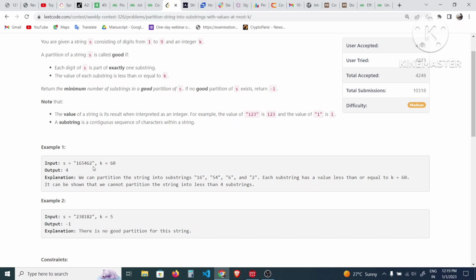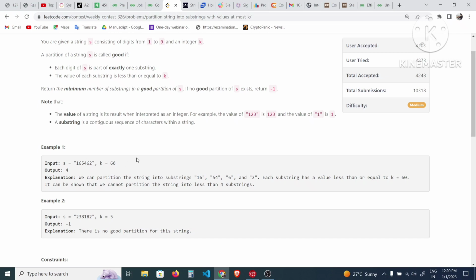Here you can see, we will take 2, and 2 is smaller than 60, so you can take the second number also, 6. But when I take 6, it becomes greater than 60, so then 2 becomes a substring.